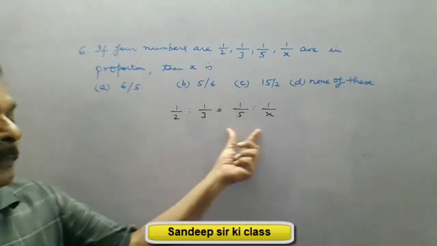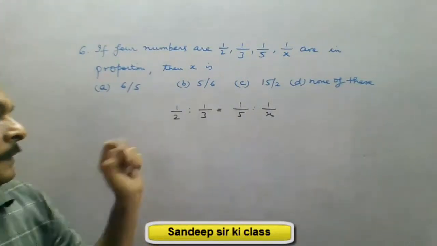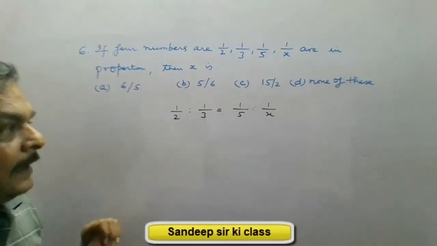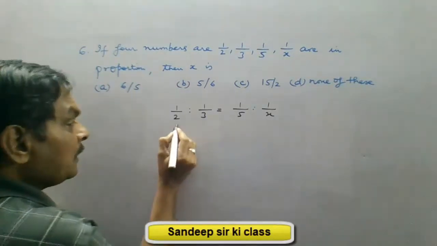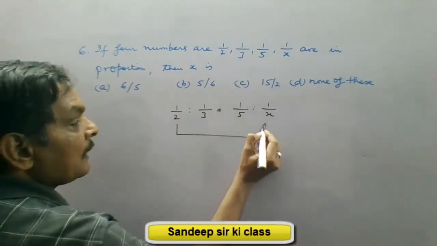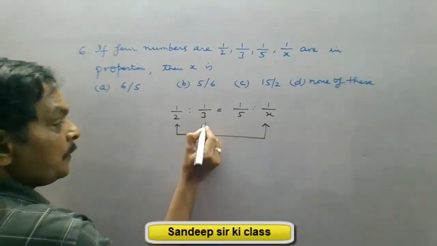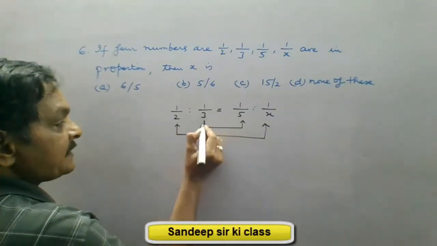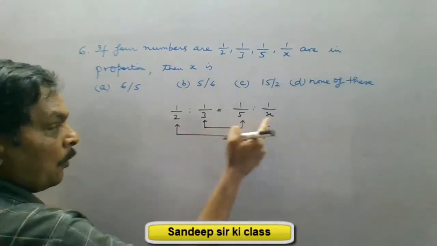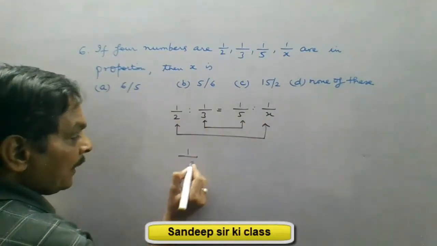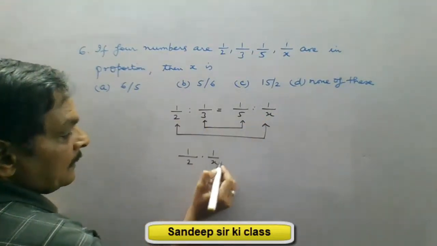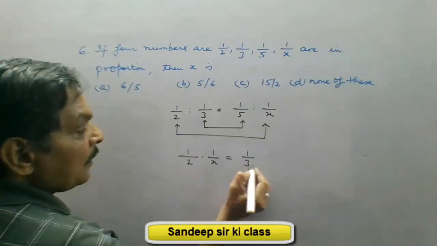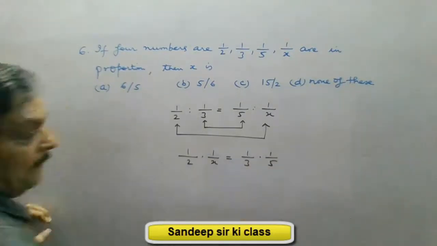So again we apply the proportion rule that product of extremes should be equal to product of means, which means 1 upon 2 into 1 upon x should be equal to 1 upon 3 into 1 upon 5.